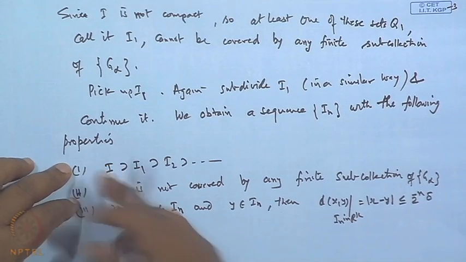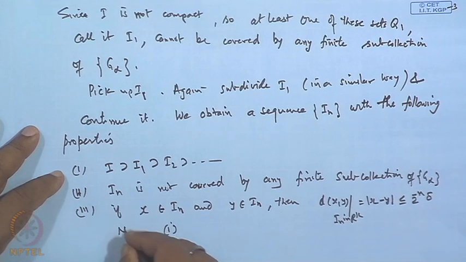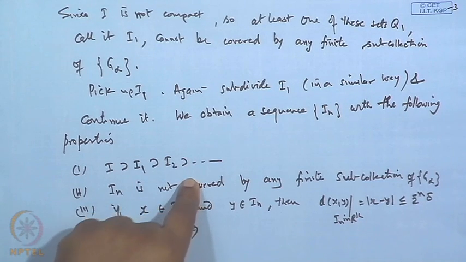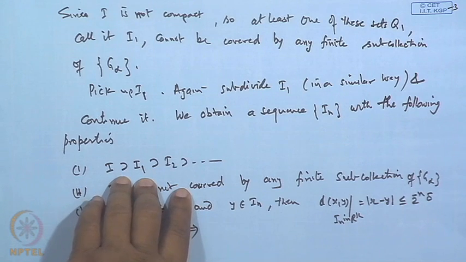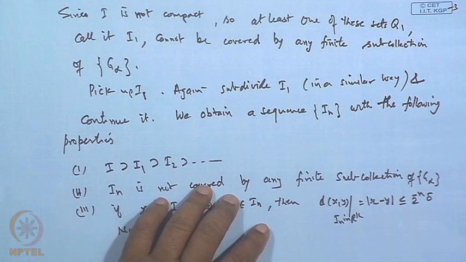Step 1 says so, obviously, and since the intervals are of decreasing nature, any finite subcollection of them will have a non-empty intersection. So the intersection of these will be non-empty.